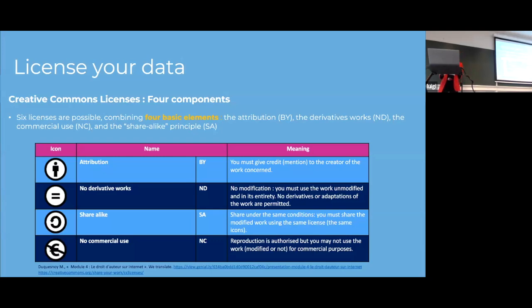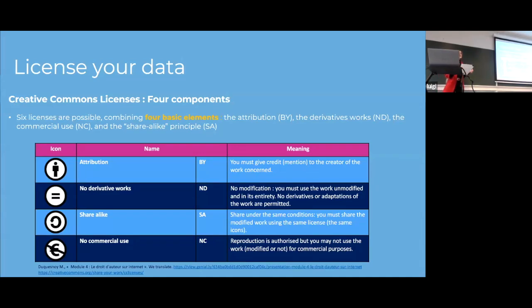Copyright law stipulates that by default, any creative work is protected by copyright. This means that any person wishing to reproduce or redistribute your creative work must request your authorization. So, in copyright, the principle is the authorization of the author.